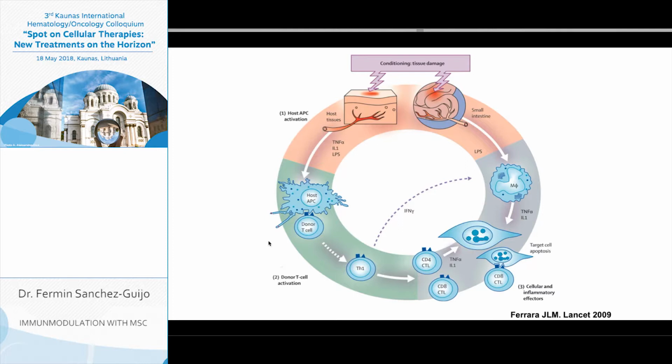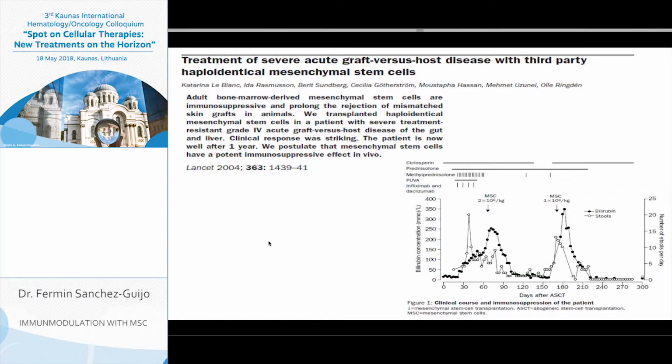In this inflammatory setting, the role of MSCs is really effective, at least in phase 2 trials, and we'll see there are also some positive results coming from phase 3.